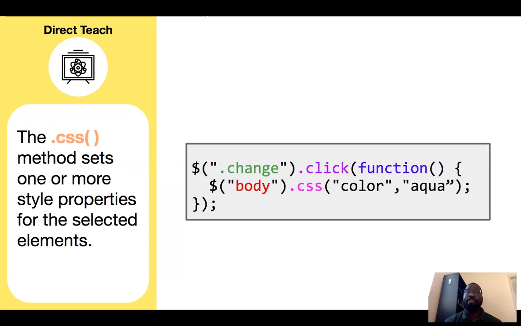When that element gets clicked, or those elements get clicked, we'll change the text color of the body to aqua, all right? So the first argument would be the CSS property. The second argument would be the CSS value, all right? So the property here is color, which changes the text color. The value changes it to aqua, right?